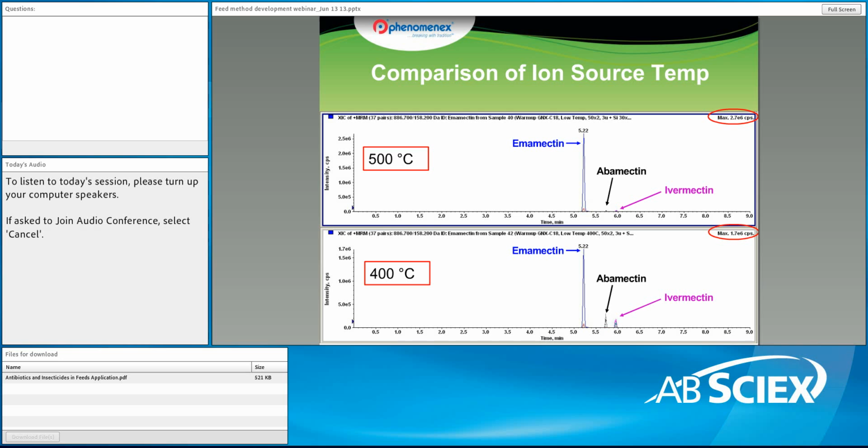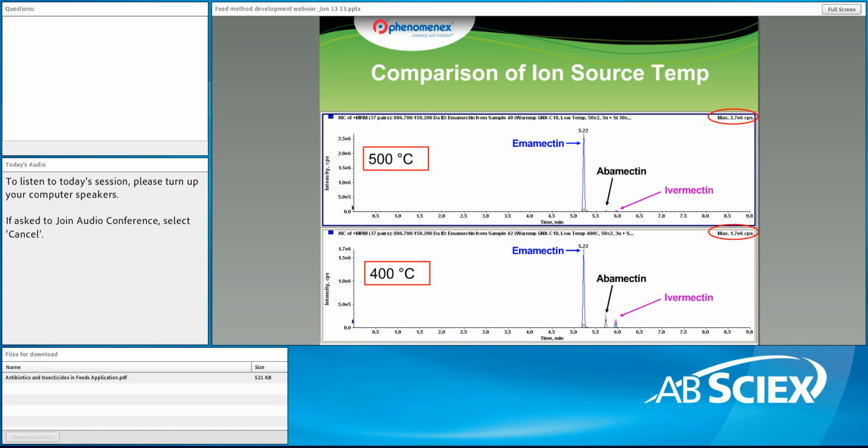We followed pretty much the same path as Kate mentioned to optimize the source conditions, specifically the drying gas temperature. But afterward, we found that mectins require a different set of conditions.